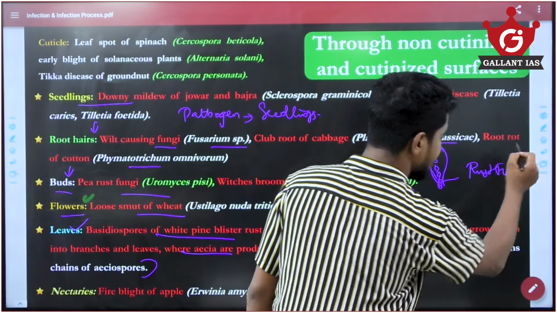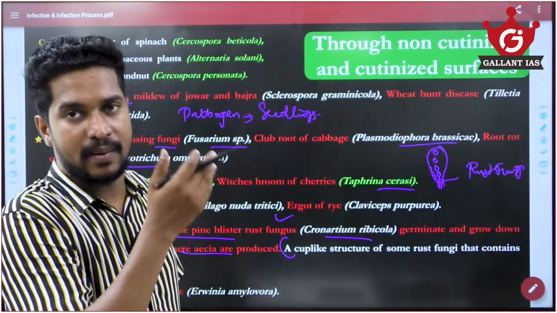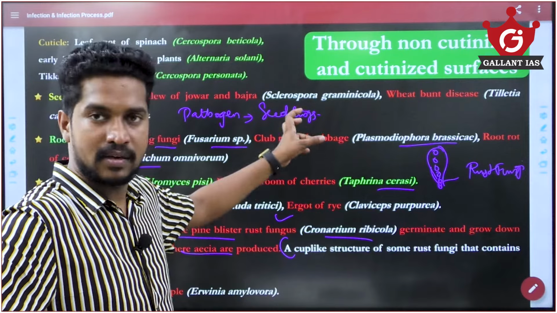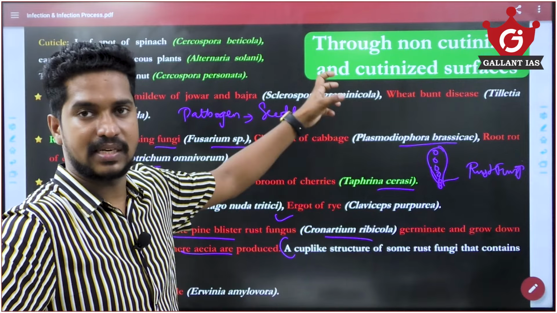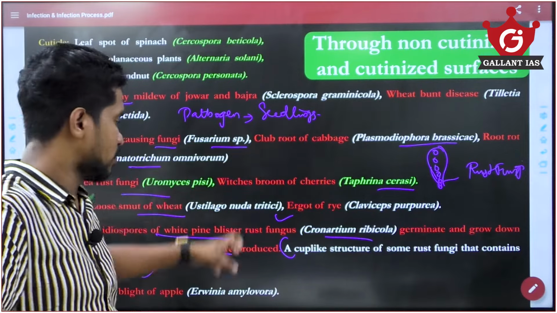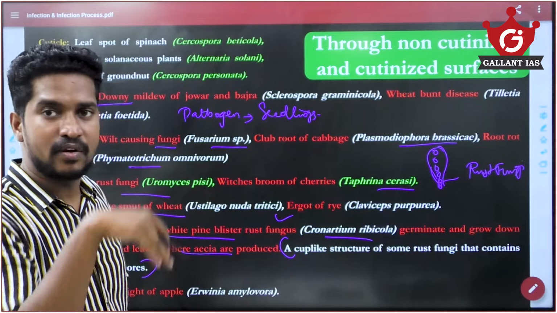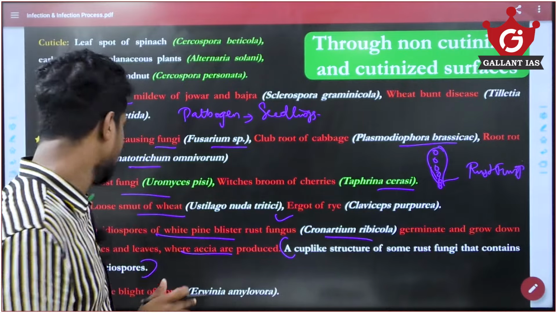We will discuss that in detail under cryptogams in unit 2, when we discuss fungi in detail. For the time being, just know that the aecium is a cup-like structure of some rust fungi which forms a chain of aeciospores.